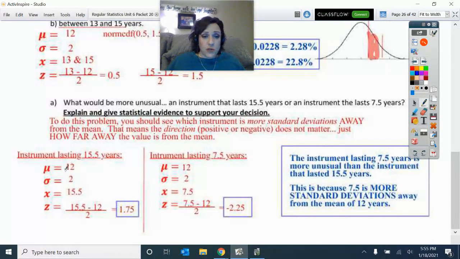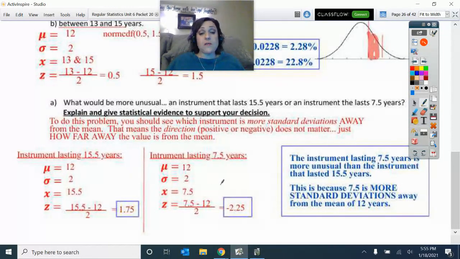And so then when you do that, you find the z-score. An instrument that lasts 15.5 years is 1.75 standard deviations above the mean. But an instrument that lasts 7.5 years is 2.25 below the mean.